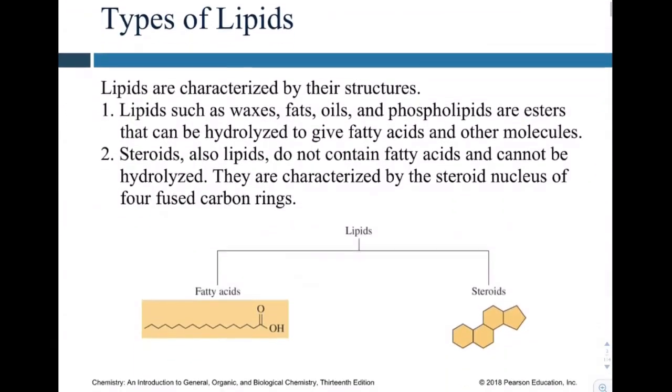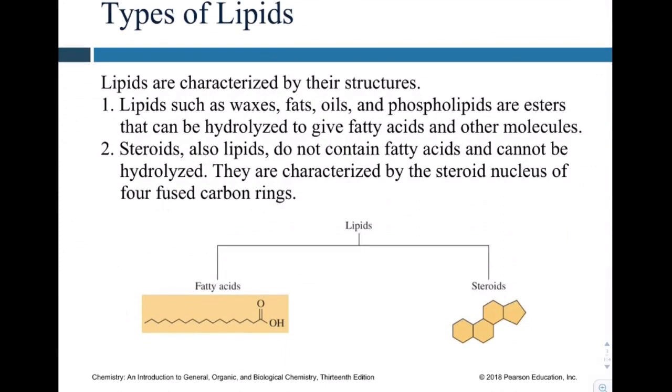So you've got two types of lipids. Lipids can give you other molecules, things like waxes, fats and oils, and phospholipids. They're esters, and you should be familiar with an ester. That's why our last week with organic chemistry is really helpful here, because it's not a new word to give you an ester.